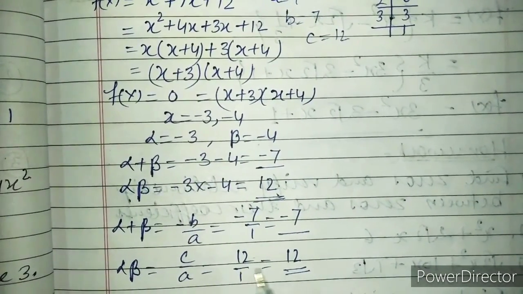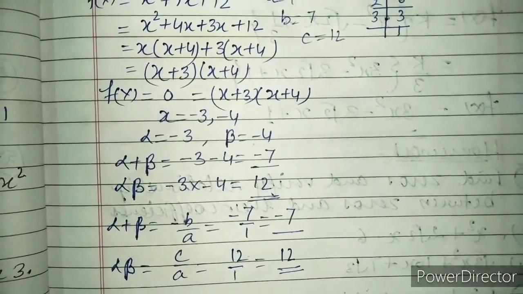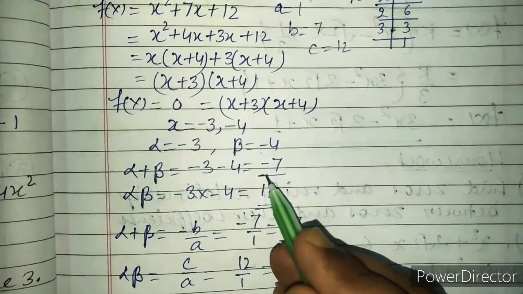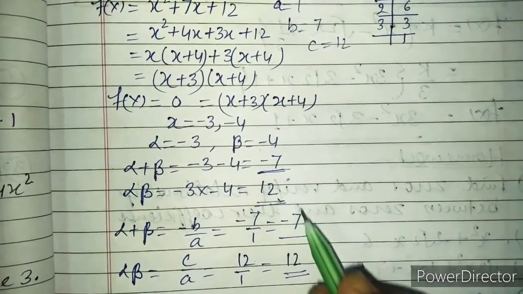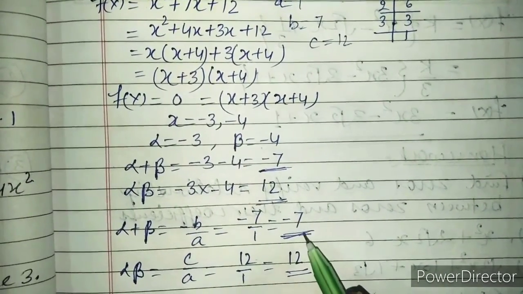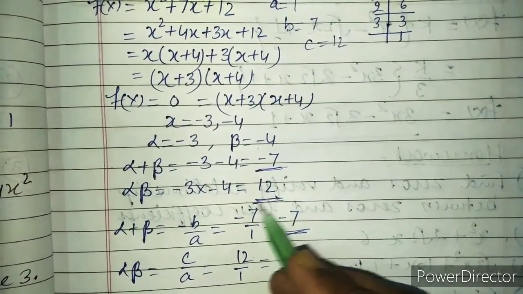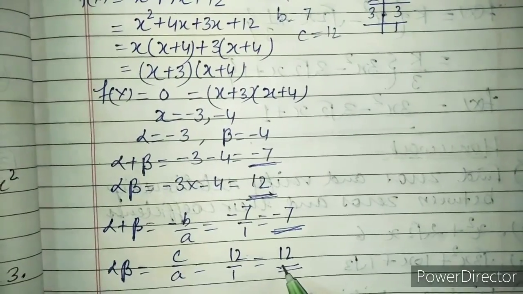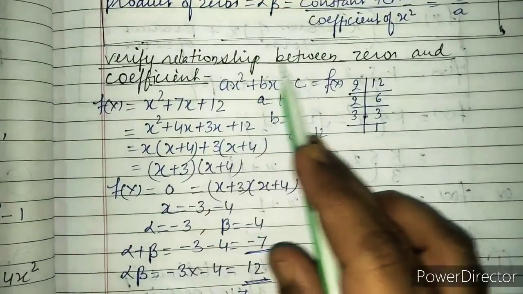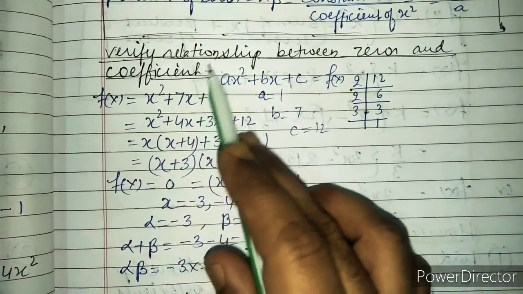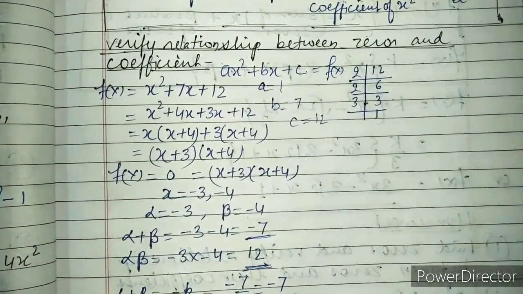You can see that when we add the zeros we got minus 7, and by the formula it is also minus 7, and the product of zeros is 12, and according to the formula it is also 12. So our relationship between the zeros and coefficients gets verified, right?